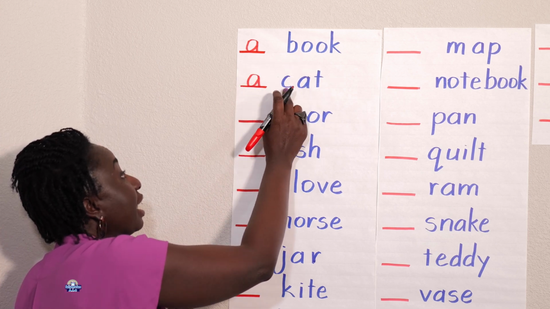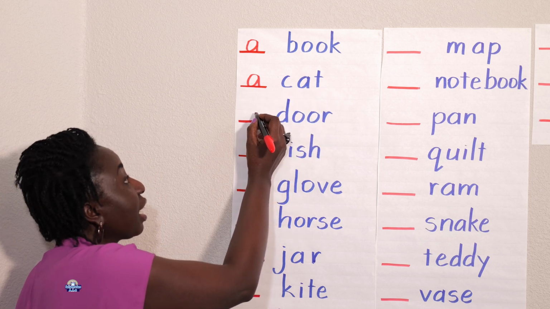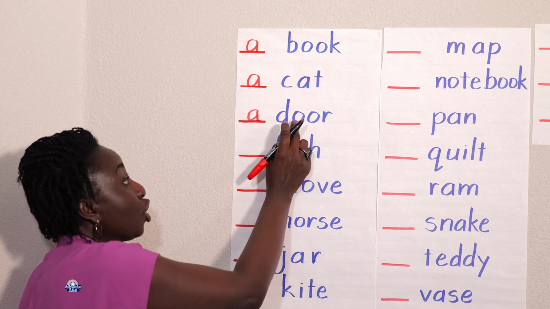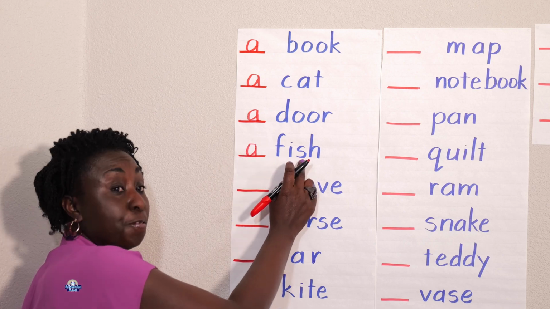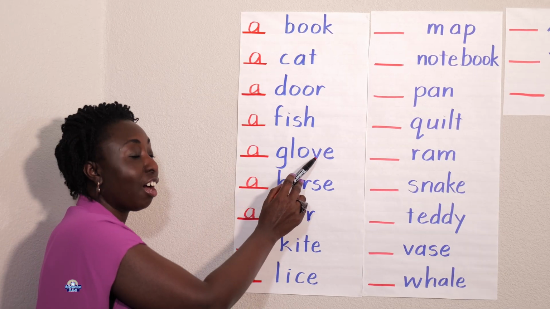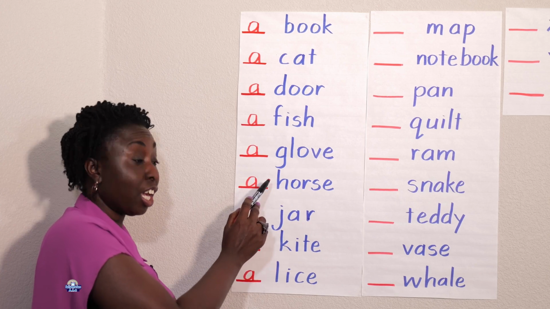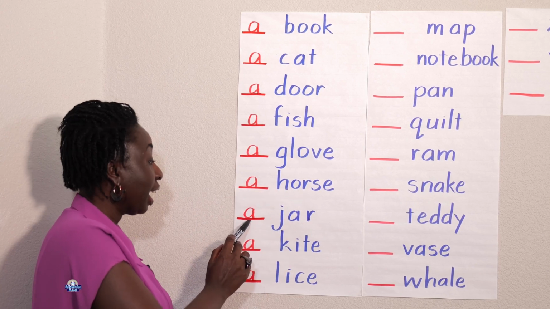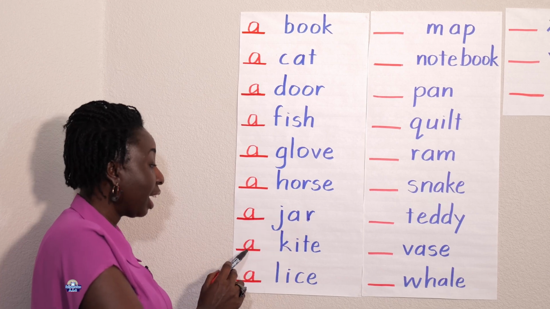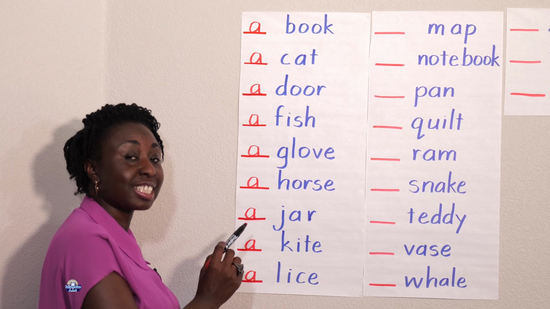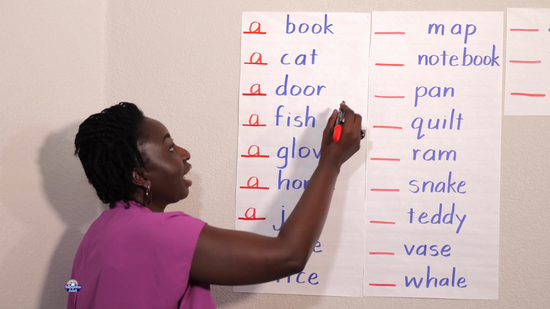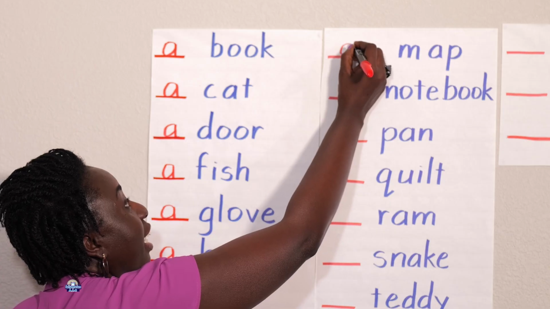A cat. A door. A fish. A glove. A horse. A jar. A kite. A lice. A map.